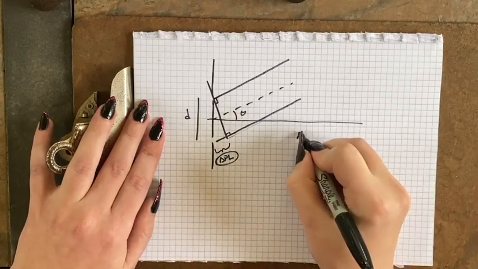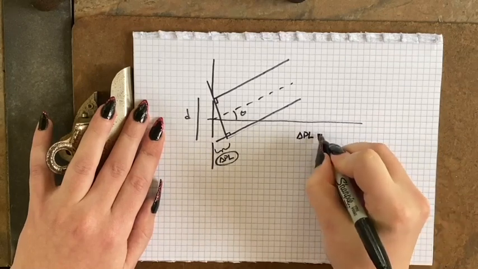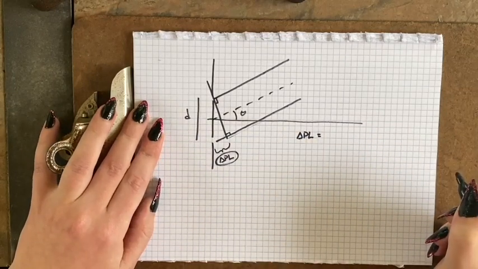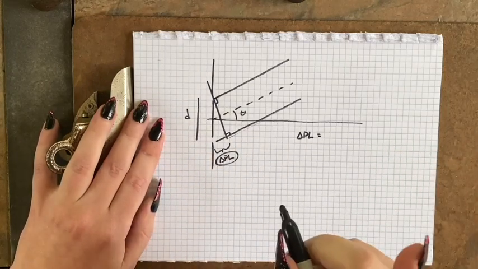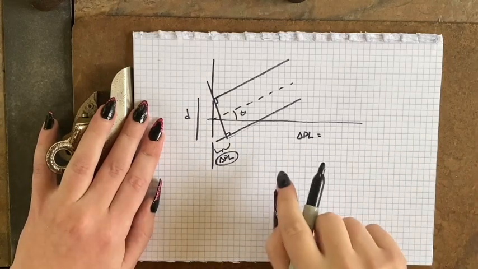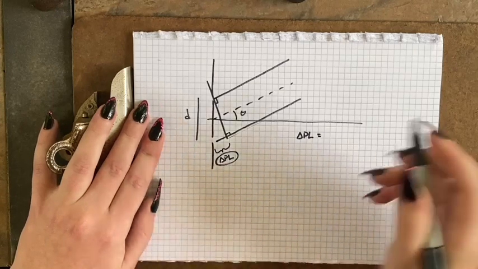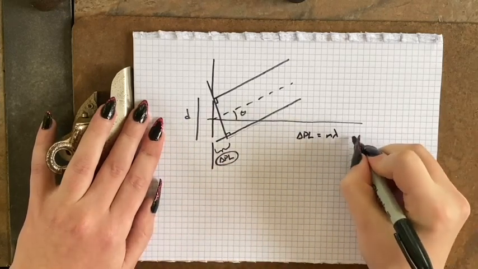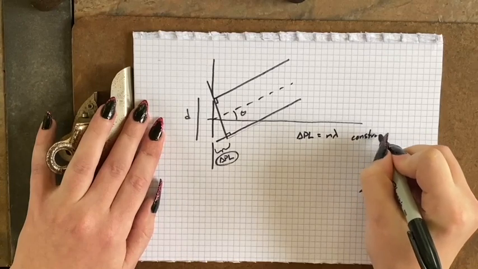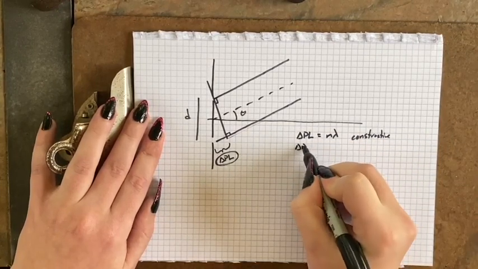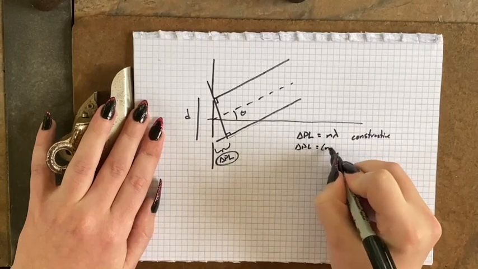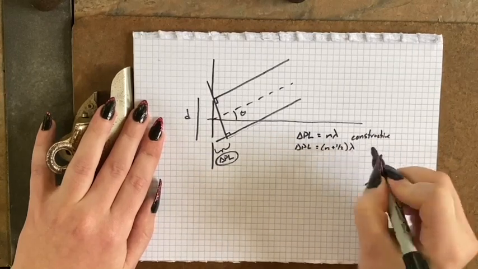So this is a very interesting thing for us to figure out. In physics, the change in the path length must be equal to something. So what do you want it to do? If we want it to be constructive, then we need to say that this is an integer number of wavelengths. That's if you're constructive. What if you want it to be destructive? Impose a different condition. Force it to be this.